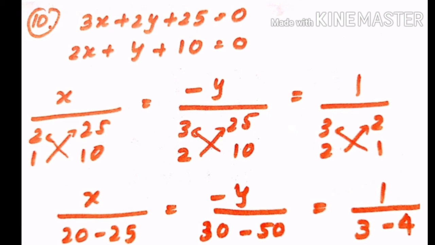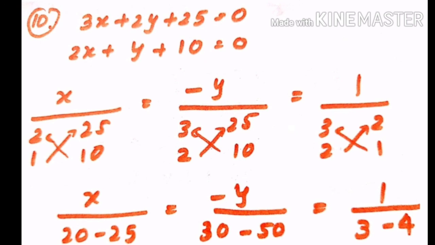Always now we will start by writing our three variables, that is x, y and 1. Then we write, first how to write again, under the x we just put our finger on the x variable. So I write the coefficients of y, that is 2, 1, 25, 10.